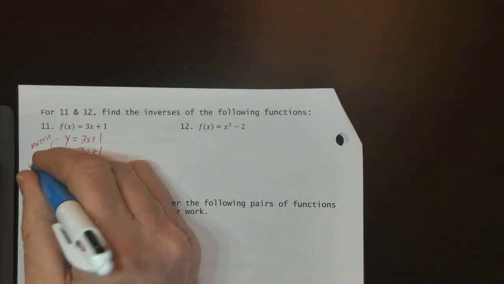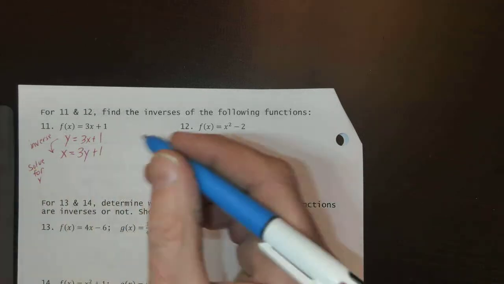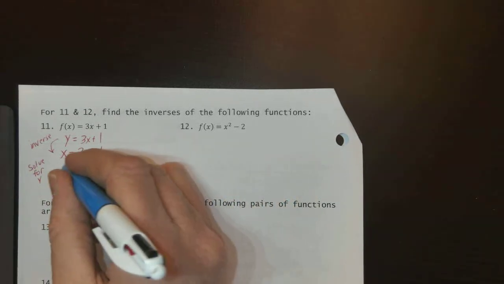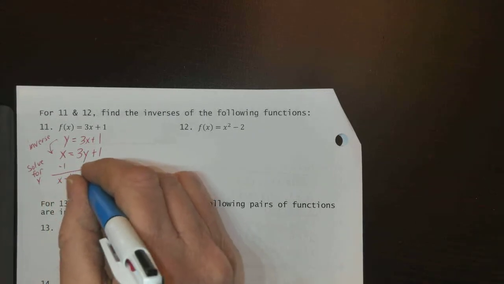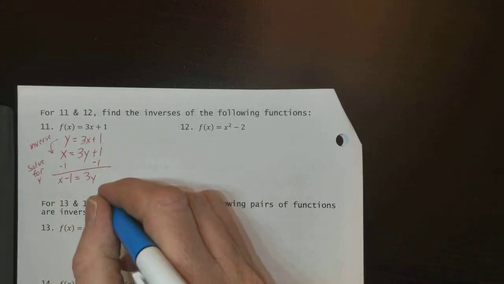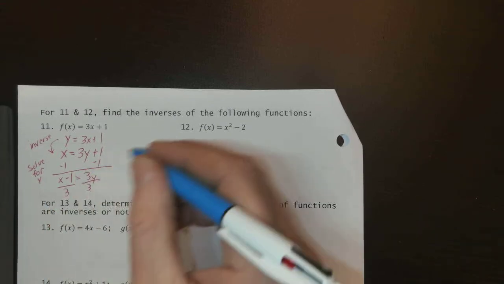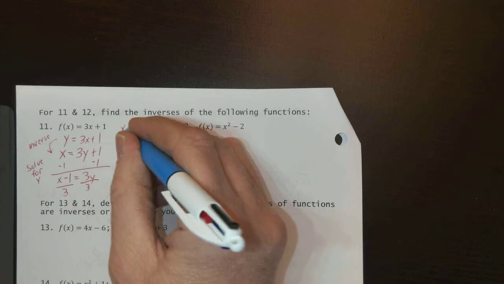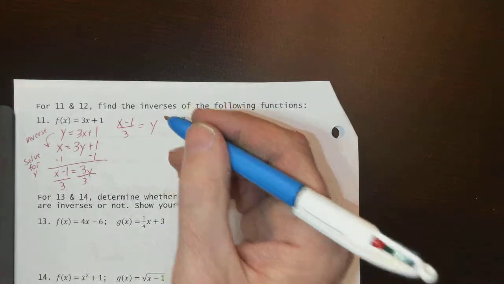Then I'm going to solve for y, or get y by itself. So I'm going to subtract the 1. I've got x minus 1 equals 3y. And then I got that 3 on there still, so I'm going to divide by 3. And I have x minus 1 over 3 equals y.